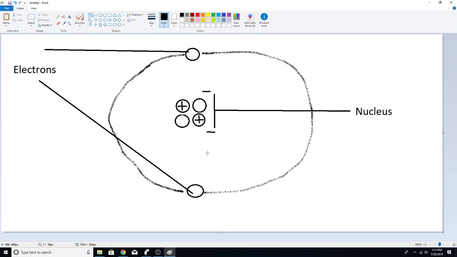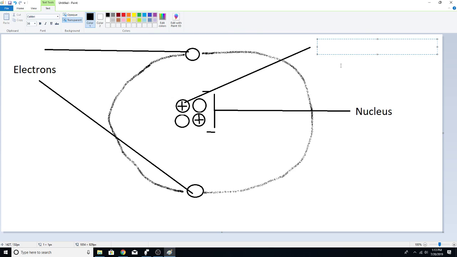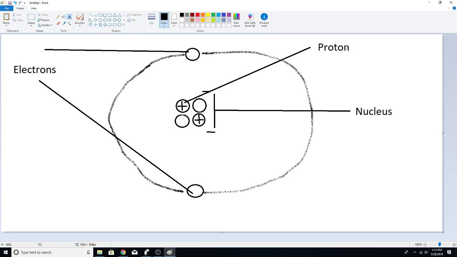Protons have a plus sign because they have a positive charge. So that's a proton, and that's a proton as well, because that's a positive charge too.